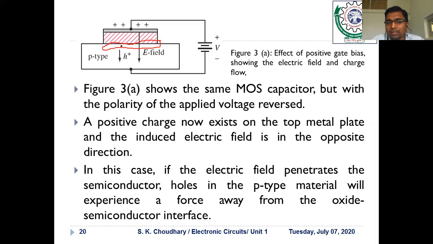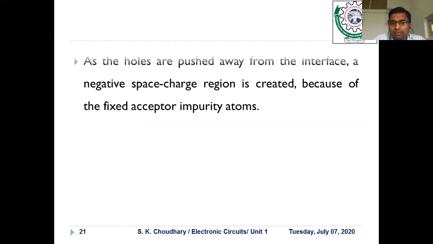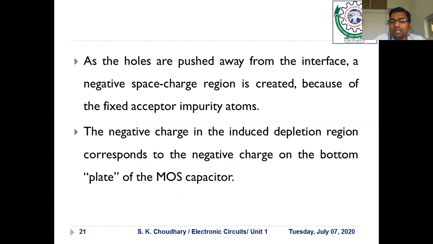Because of the absence of the positive holes, a negatively charged space region is created that is electrically inactive. So we have a negative charge in the induced depletion. This is called the depletion region, which forms the negatively charged bottom plate of the MOS capacitor.